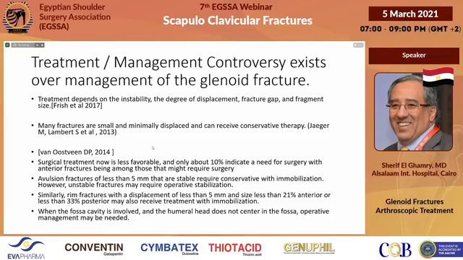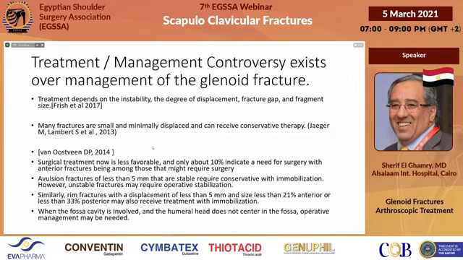Controversy exists over management of the glenoid fracture. The treatment depends on the instability, the degree of displacement, the fracture gap, and the fragment size, according to Fresh and Ayal, 2017. Yeager and Lambert in 2013 stated that many fractures are small and minimally displaced and can receive conservative therapy.